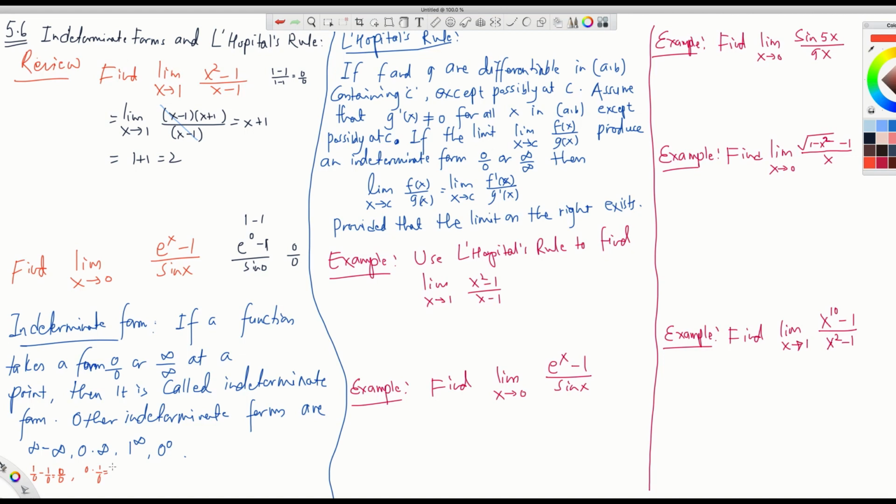Here, if you take natural log, you will get infinity times natural log of 1, which is 0, so that is 0 times infinity. Similarly, this one is 0 times infinity too. Since these forms can be reduced to 0 over 0 or infinity over infinity, they are also indeterminate forms.